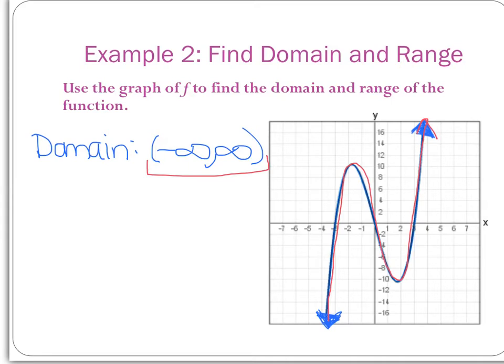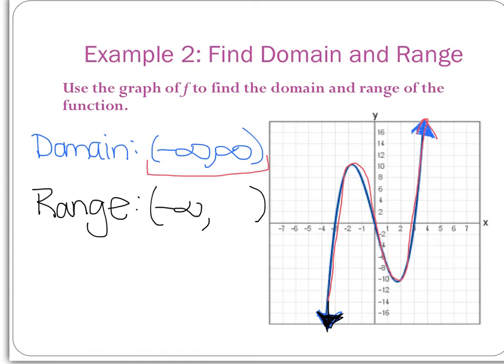Now, our range, on the other hand, our smallest y value, our least y value, since the graph is pointed downward infinitely, the graph is decreasing right here, or it's going downward.